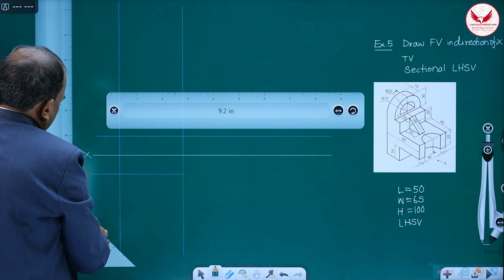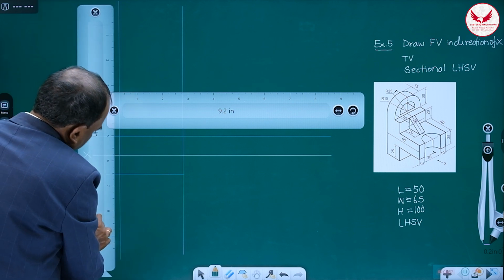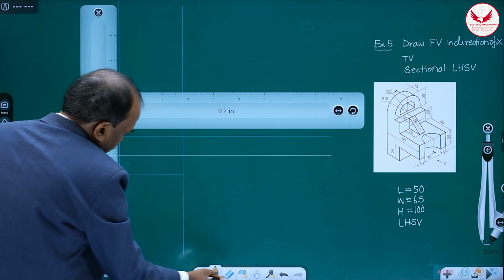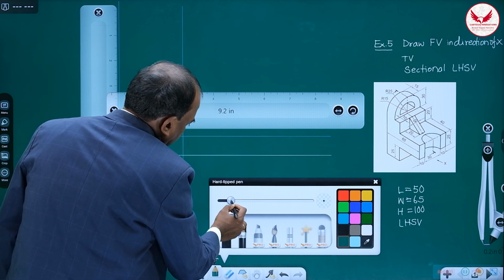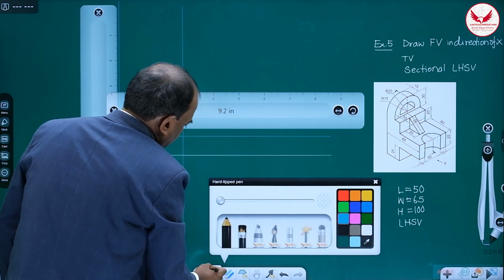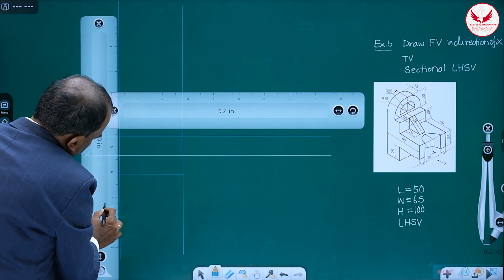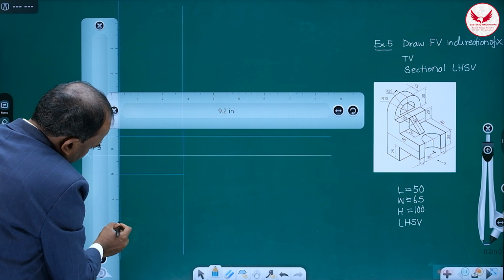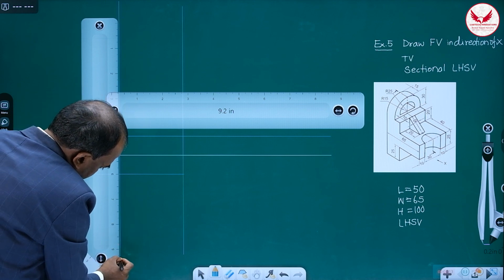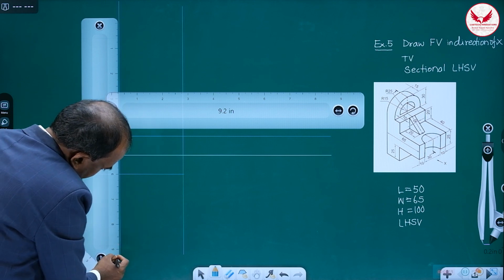Then from this, what you have to do? The width is 65, with 20, 30, 60, so 65.